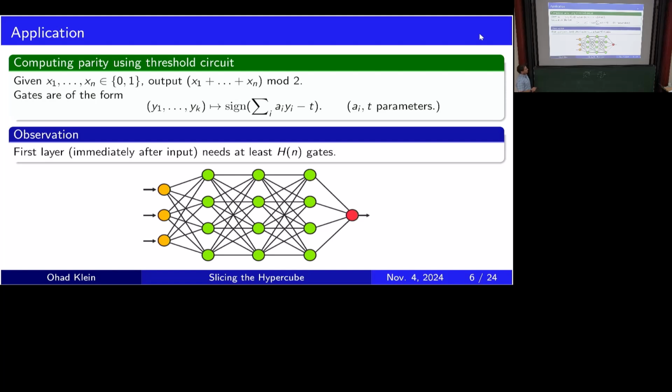And in your circuit, what you are allowed to do is to use threshold circuits. That is, you sum several input bits with coefficients, and your gates compute whether this sum is larger than some threshold.